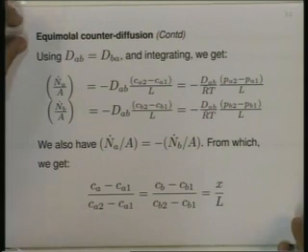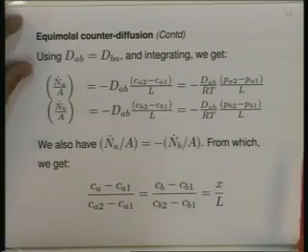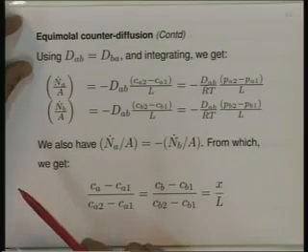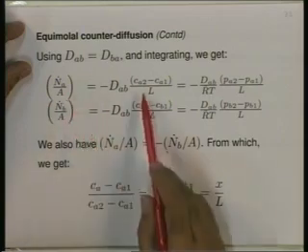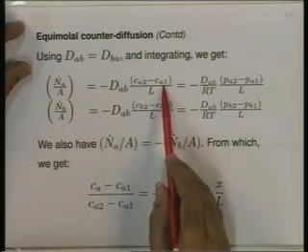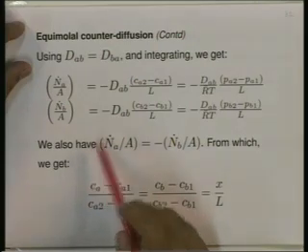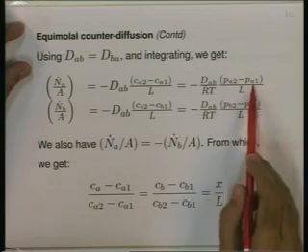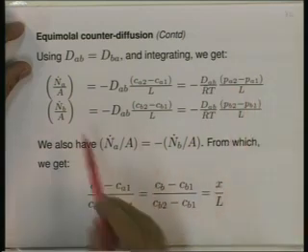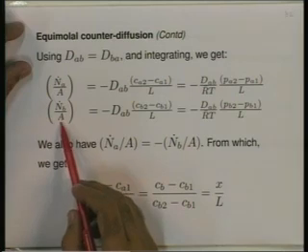So, the integration is straightforward, and if we integrate from x equal to 0, which is the connection of the duct to reservoir A, to x equal to L, which is the connection of the duct to reservoir B, we will get an expression for the molar flux of A in terms of the molar density of A in the two reservoirs, and using the ideal gas law, in terms of the partial pressures of A in the two reservoirs, and a similar expression for the molar flux of B.